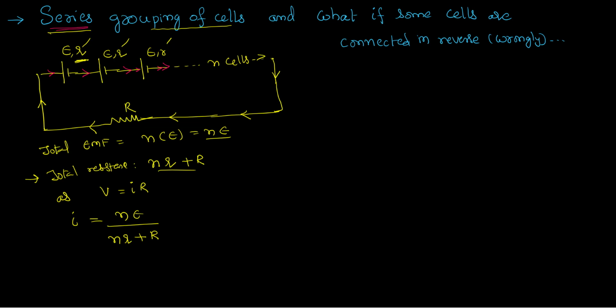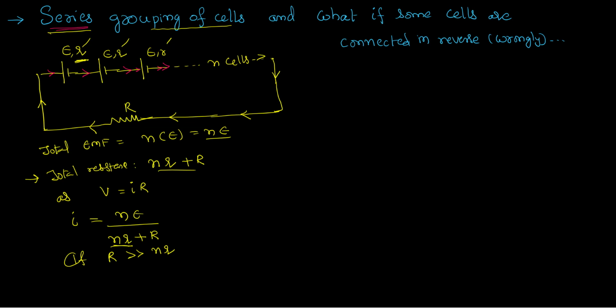So the point we would like to identify is when this kind of series grouping helps. It helps if the external resistance that we have connected is much bigger than the sum of the internal resistances. If that is the case, I can ignore nr in this equation.